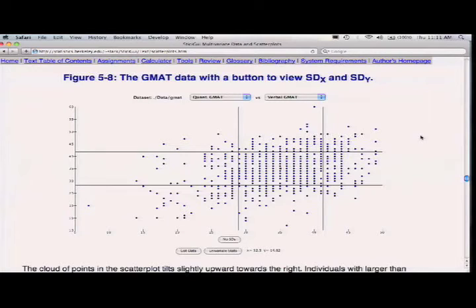Suppose that these lines had been drawn at the means plus or minus 2 standard deviations. Let's think about how many of the points would be in that box. It's a rectangle, not a square. So Chebyshev's inequality would tell us that the fraction of values of x that are in between the two parallel lines at the mean plus or minus 2 standard deviations is what?